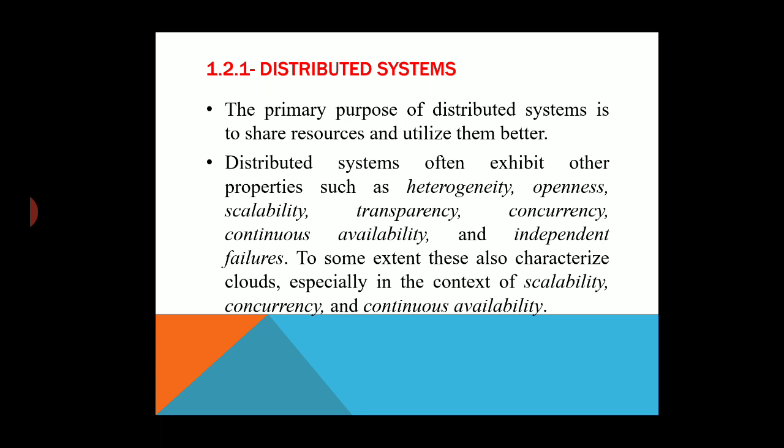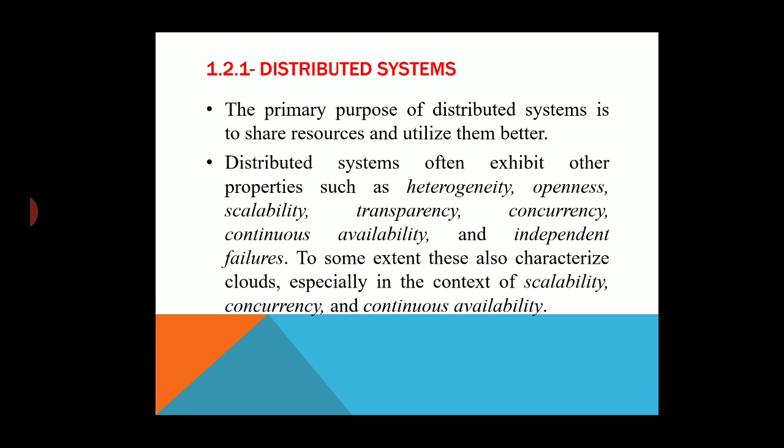The primary purpose of a distributed system is to share resources and utilize them better. This is true in the case of cloud computing, where this concept is taken to the extreme, and resources such as infrastructure, runtime environments, and services are rented to the users. One of the driving factors of cloud computing has been the availability of the large computing facilities of IT giants such as Amazon and Google, who found that offering their computing capabilities as a service provided opportunities for better utilization of their infrastructure.